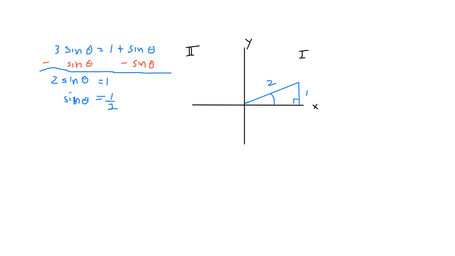Sine of theta is opposite over hypotenuse. This side here has to be √3, right? And we have a 30, 60, 90 degree triangle. So this angle here is equal to 30 degrees, or pi over 6. Okay, that's one of your intersection points. That has to be one of the angles.